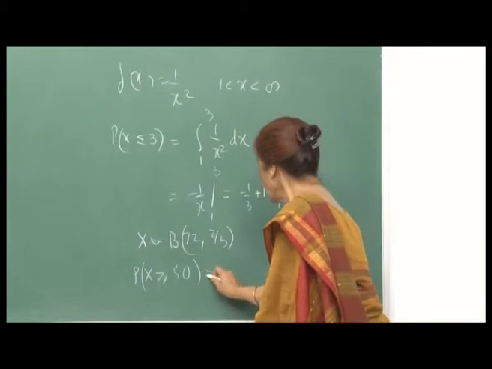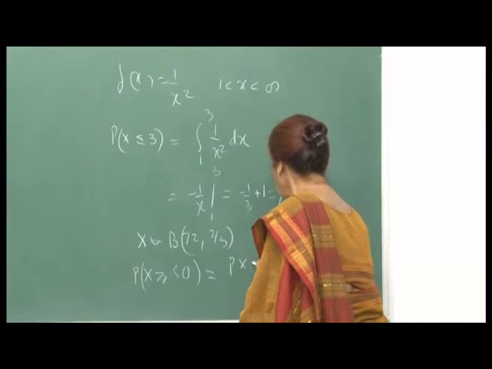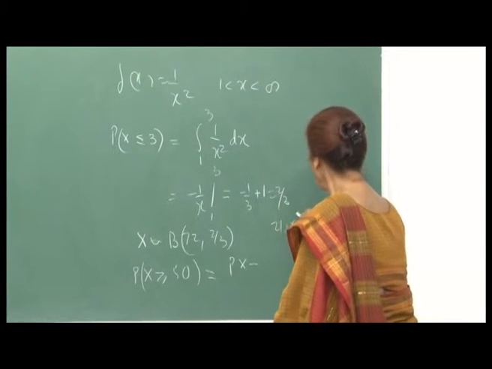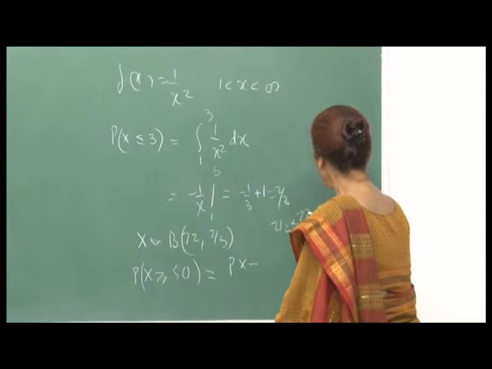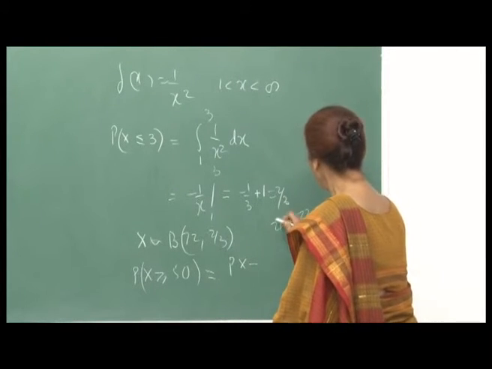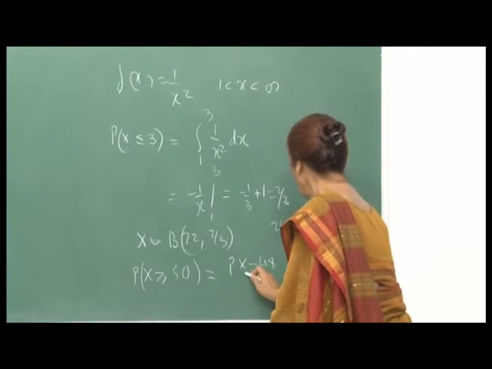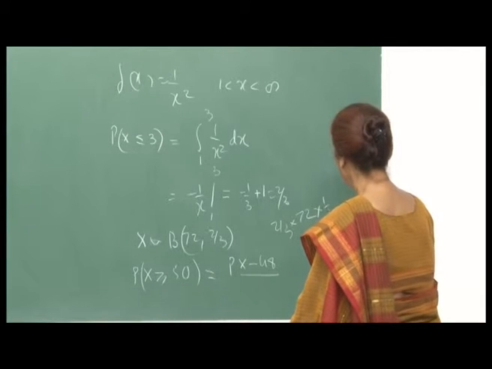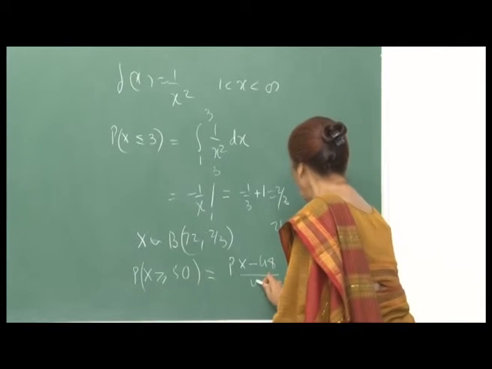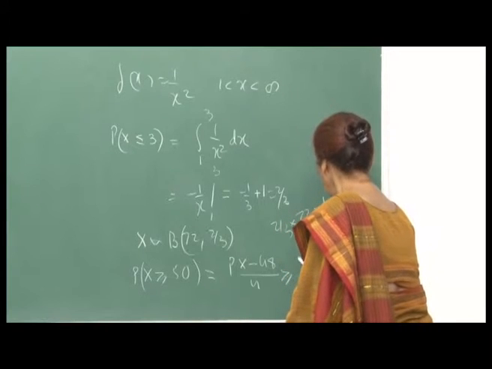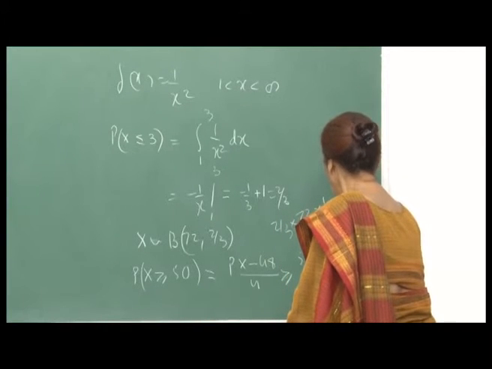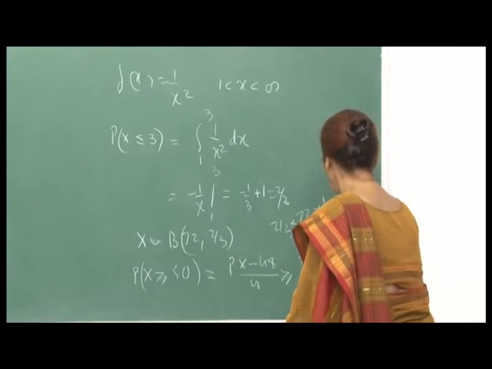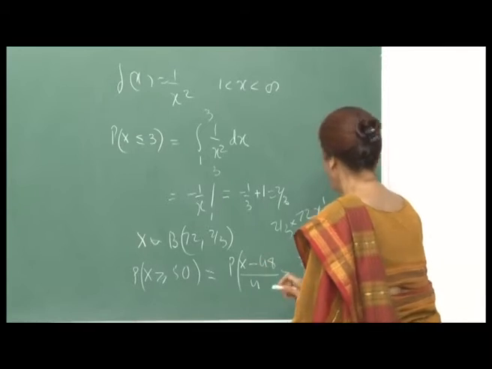When you standardize, this will be x minus the mean, which is 2 by 3 into 72, which is 48, divided by the square root of 72 into 2 by 3 into 1 by 3, which is 16, that is 4. So, this is greater than or equal to 50 minus 48, that is 2, by 4. This is the whole thing.